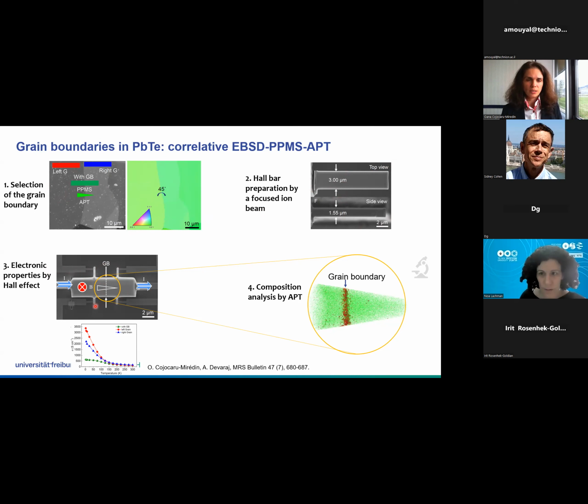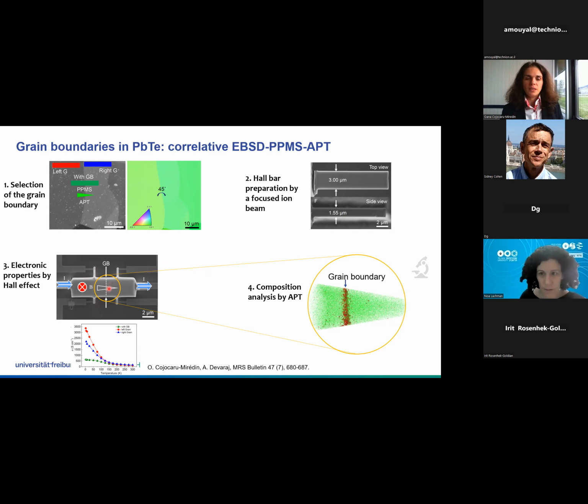We have four contacts here, and the grain boundary is in the middle, and we apply a current to it. We can even apply a magnetic field, and with that we can determine the electronic properties. This is typically how a Hall setup works. So we can determine the electronic conductivity, the mobility, and the charge carrier concentrations.